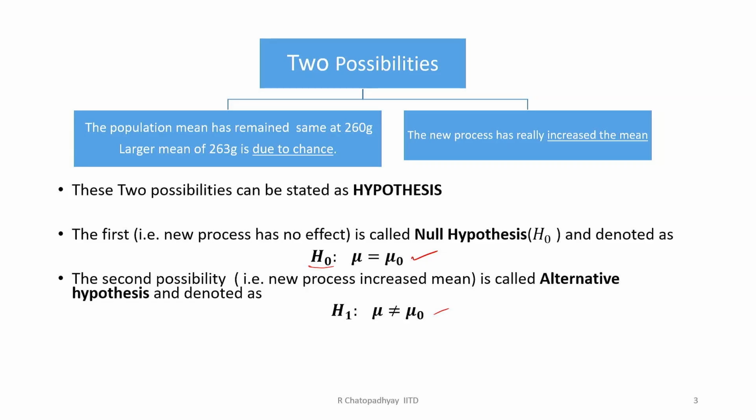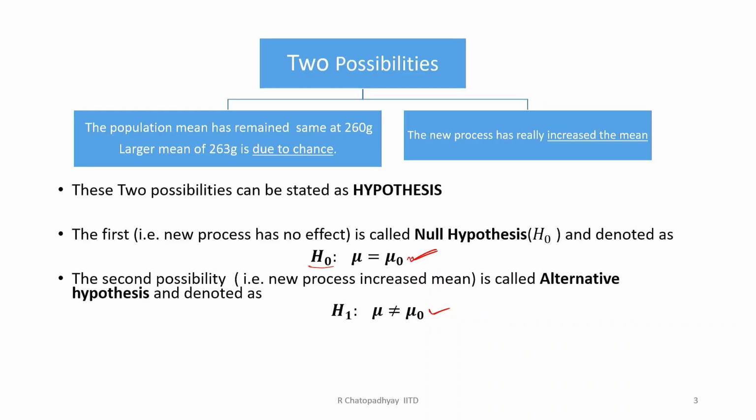So the null hypothesis says the mean has not changed. The previous one says the mean has not changed, so that's same. The alternative hypothesis says no, there is a change. The present mean is not equal to the original mean.